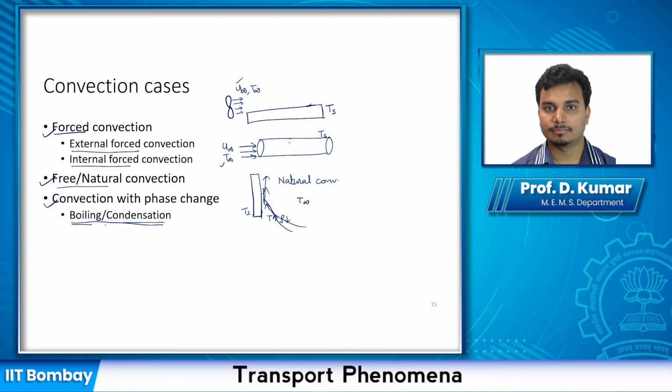This is a very important process industrially as well. In metallurgy, for example, you have quenching. You have to do quenching of steel and some other metals as well to achieve high strength and so on.